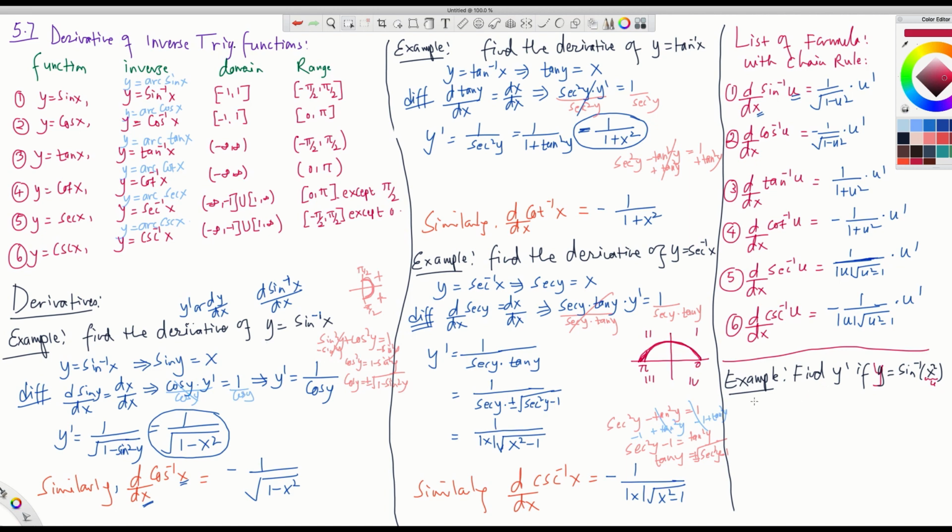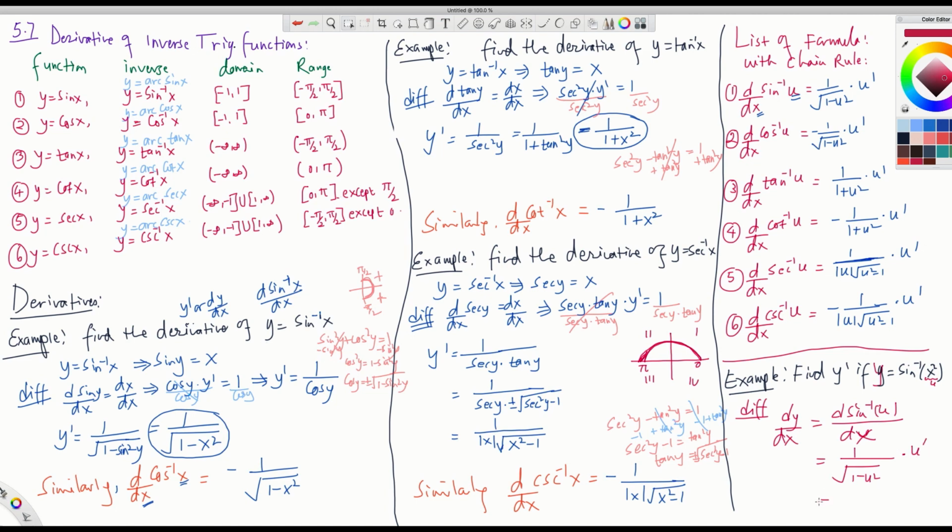I want to differentiate, so dy over dx equals d of sine inverse x squared, which I can write as sine inverse u over dx, because I assumed that as u. If there is sine inverse u over dx, then the formula will be 1 over the square root of 1 minus u squared, times u prime.